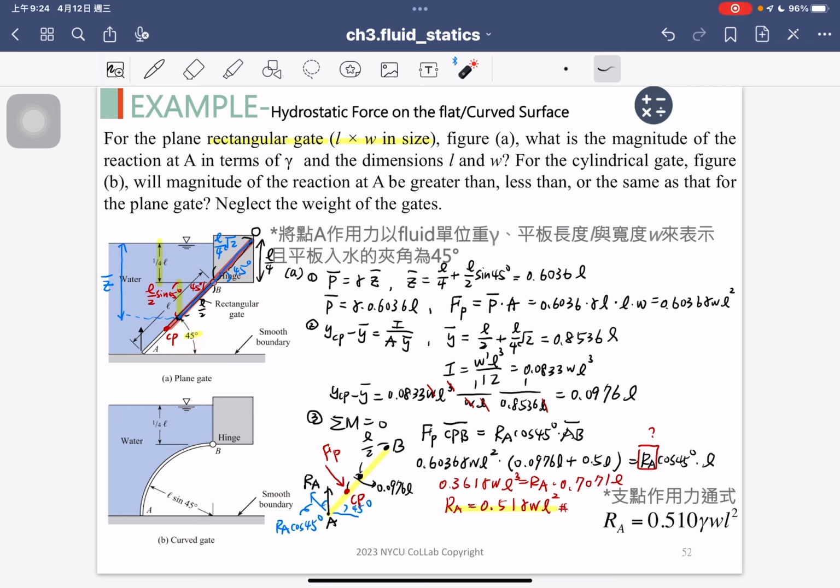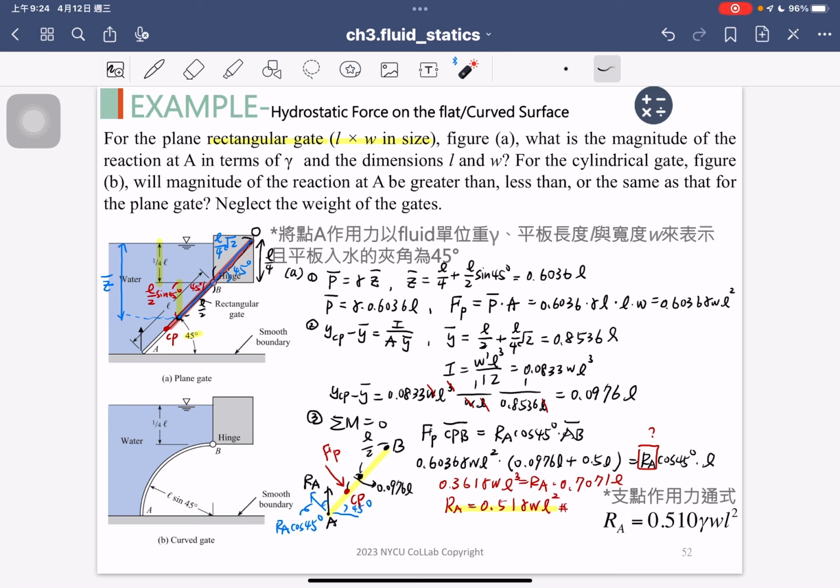So in the future, for any plane gate with a different size, you can follow this equation to compute the reaction force required to open the gate. But if you change the angle from 45 degrees to a different angle, you need to derive a different final formula for the flat panel shape.